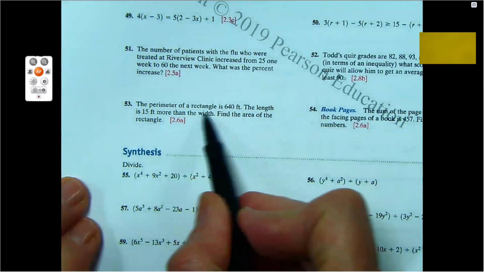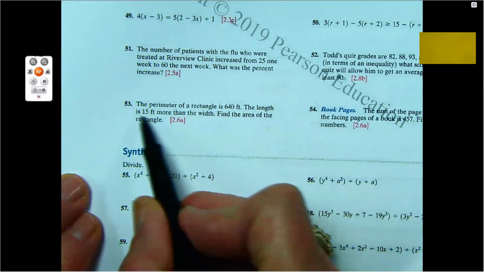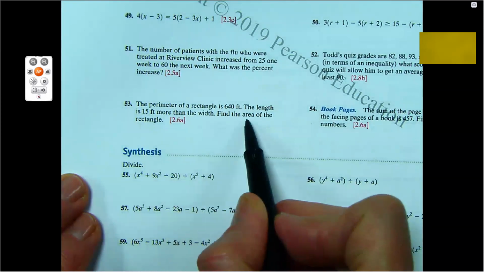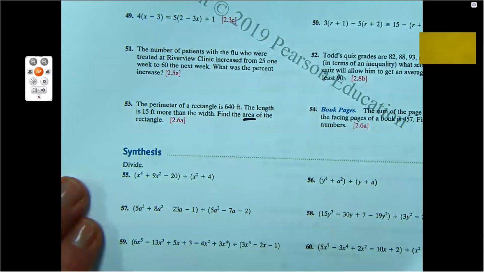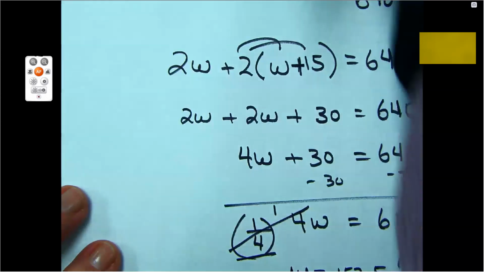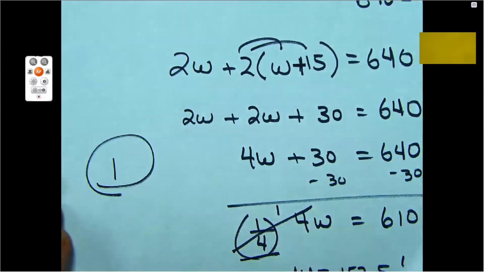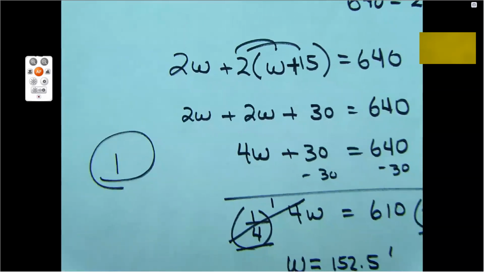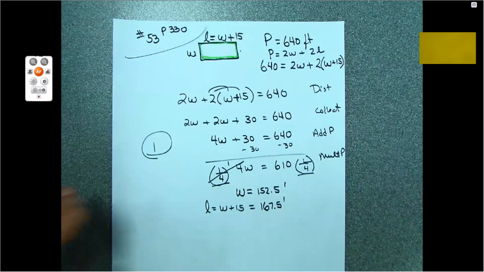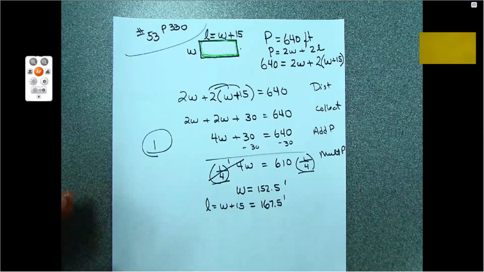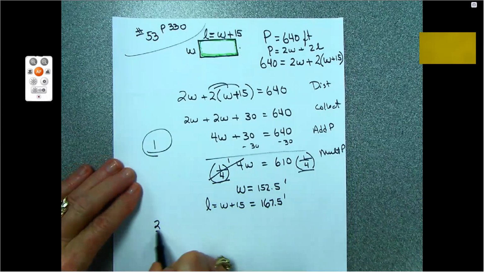The perimeter of a rectangle is 640 feet. The length is 15 more than the width. Find the area of this rectangle. So this is step 1. We have to find the area now of this rectangle.